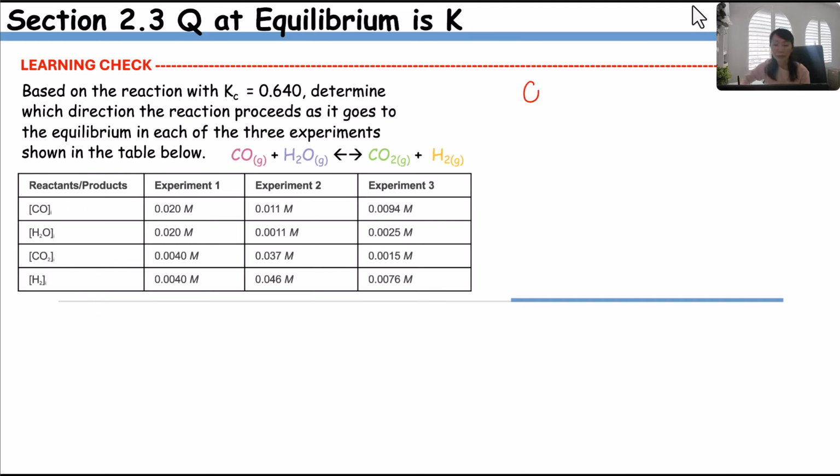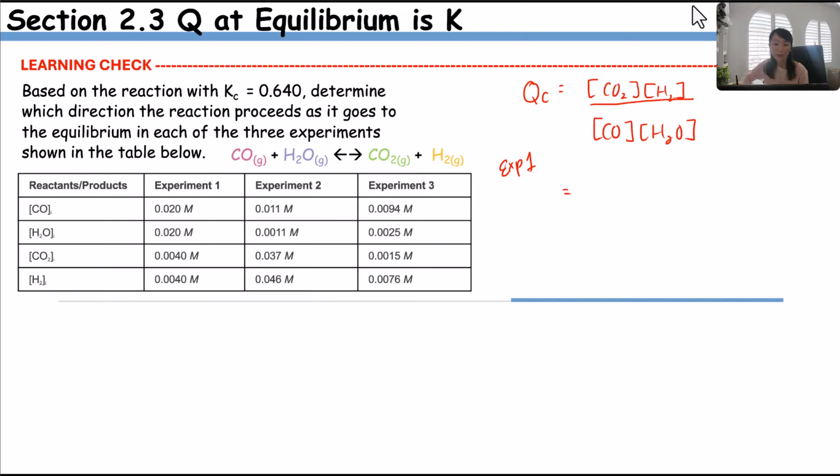We'll set up the QC: carbon dioxide and hydrogen, over carbon monoxide and H2O. We'll do experiment 1, and you can try experiments 2 and 3 on your own.